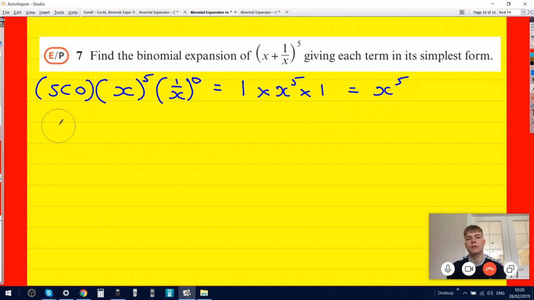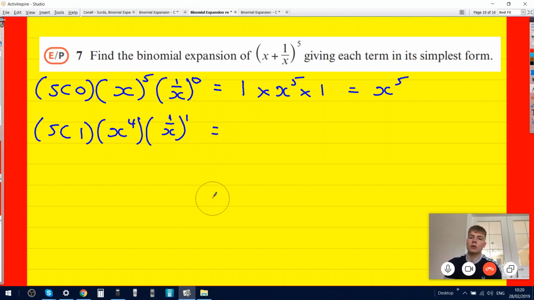Okay, second one. 5C0, no, 5C1, sorry. x to the 4, 1 over x to the 1. So what goes in the calculator for this one? 5C1 times 1.